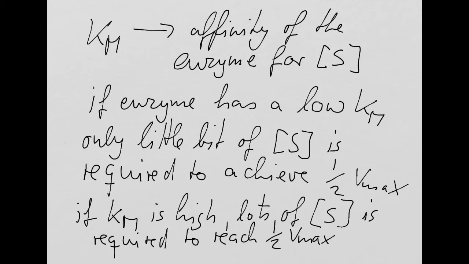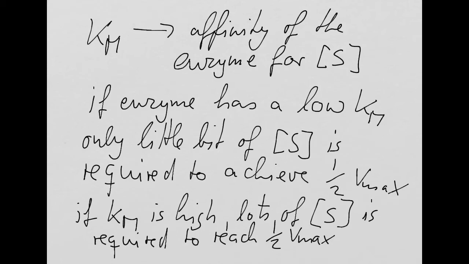Yeah? So in a way, Km tells you a little bit about, if it was a car, the fuel efficiency. How much, in this case, how much does the enzyme like the substrate? That is what Km tells you.